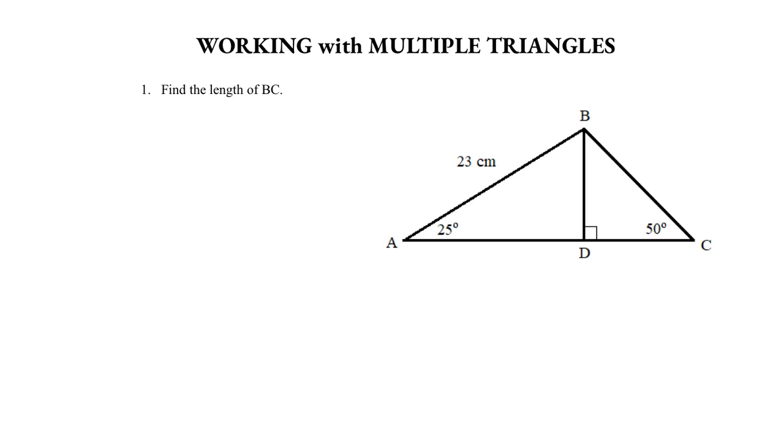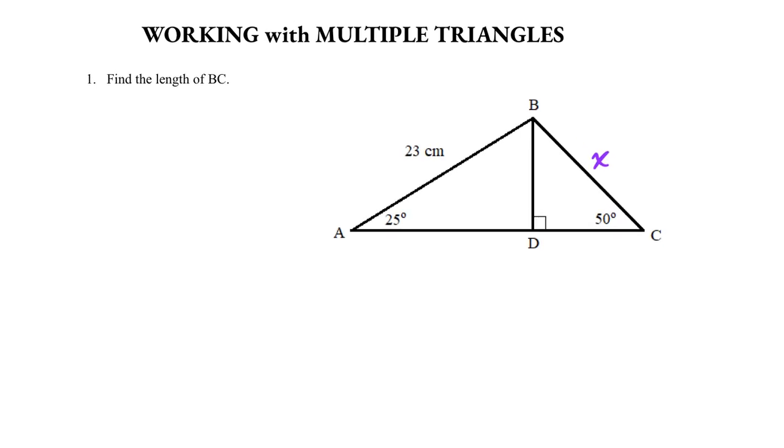I take a peek and I notice I don't have enough information to find that directly. Like, I know that it's a right angle and I've been given an angle. So, I do know that this angle up here would have to be 40, but I'm missing a side length. And so I can't use Pythagorean theorem. I can't use SOHCAHTOA to get there. I'm stuck on that triangle.